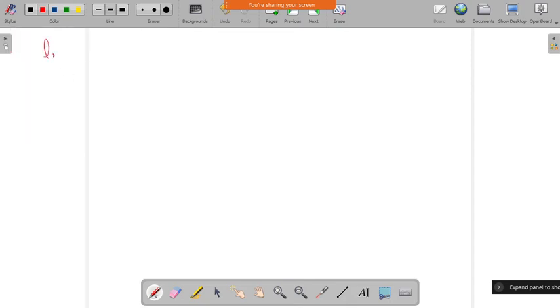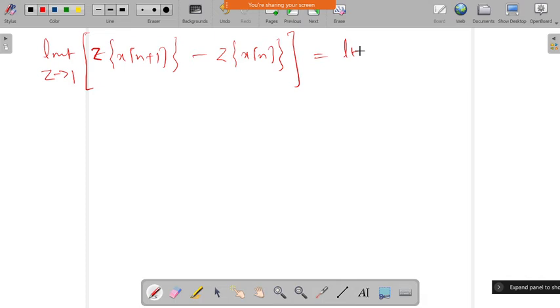So, the limit z tends to 1 of the z transform of x[n+1] minus the z transform of x[n] is equal to the limit z tends to 1 of (z minus 1) X(z).